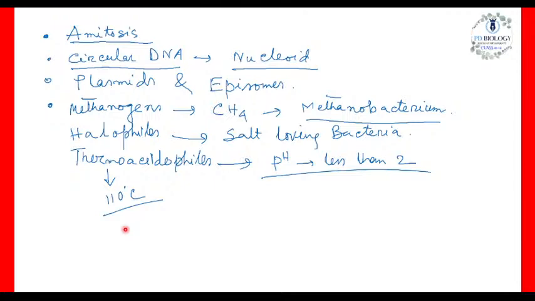Cell division is amitosis. Circular DNA is nucleoid. Other than circular DNA, they have plasmids and episomes. Archaebacteria are divided into methanogens, halophiles and thermoacidophiles. So everybody, is it clear to you all regarding Monera?